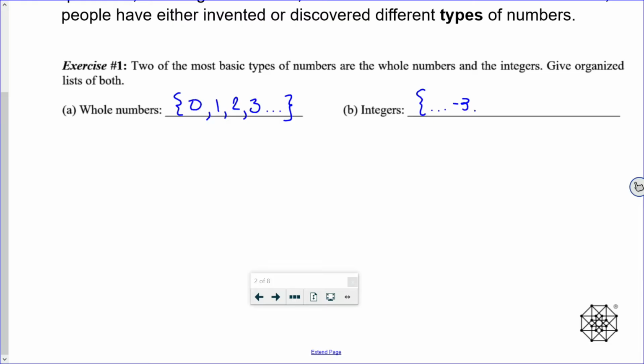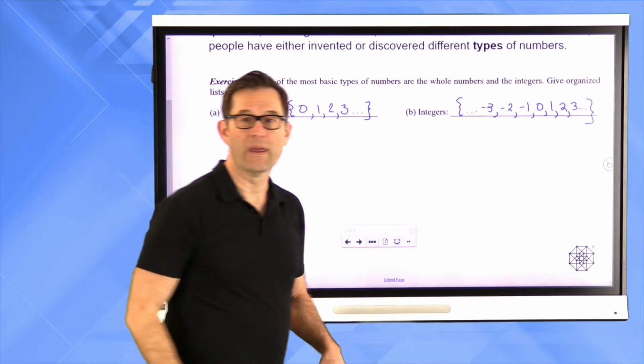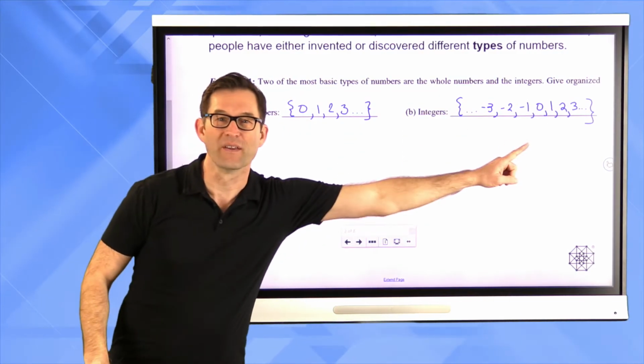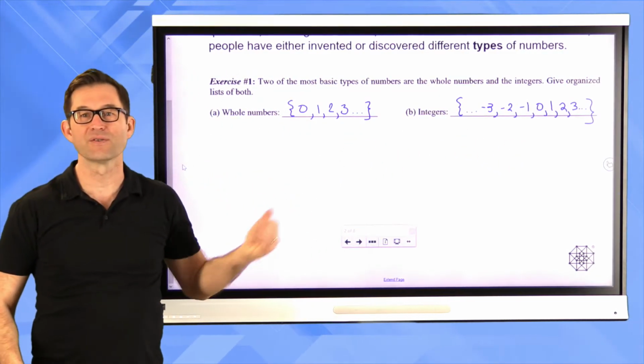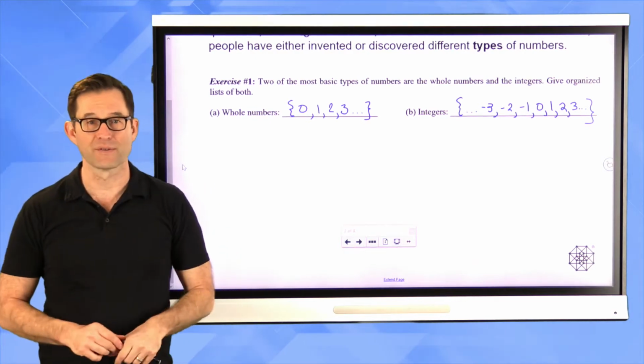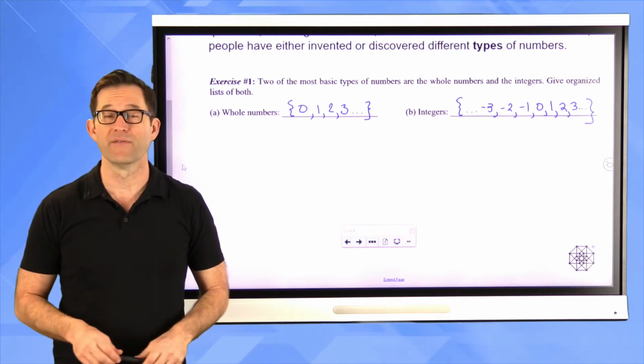Now, they extend forever in 2 directions, which means that I start my list with a ... and then I end it with a ... So in other words, I've got the numbers going this way and I've got the numbers going this way. None of them have fractional parts, but they could be both positive and negative.